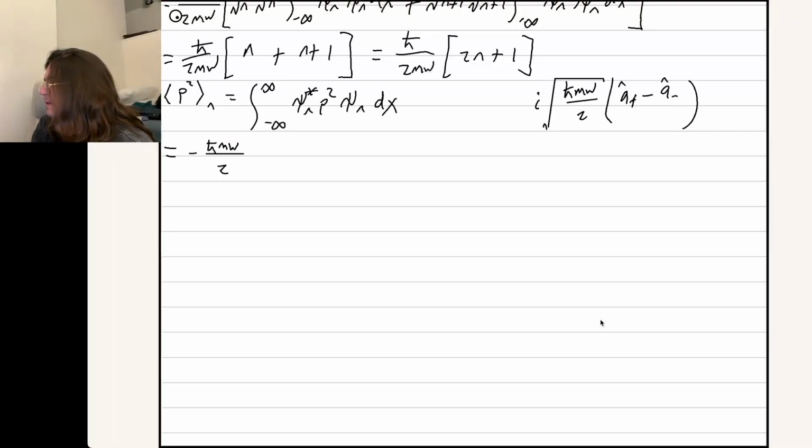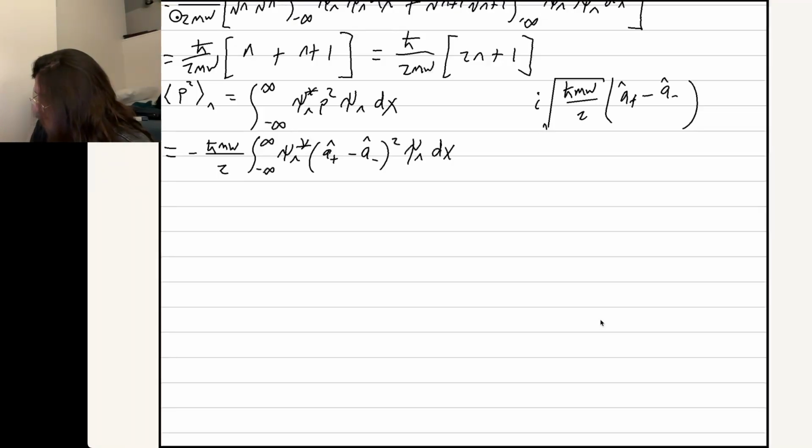Right. And then we'll have in the integral now the square of the raising operator minus the lowering operator. And we can expand the square like this.